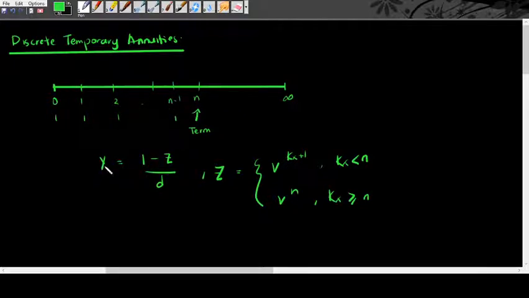Okay, and then the present value of the random variable, let's say that it equals Y, where Y equals (1 minus Z) over d, where Z is v to the power of K_x plus 1 if K_x is less than n, and v to the power of n if K_x is greater than or equal to n.